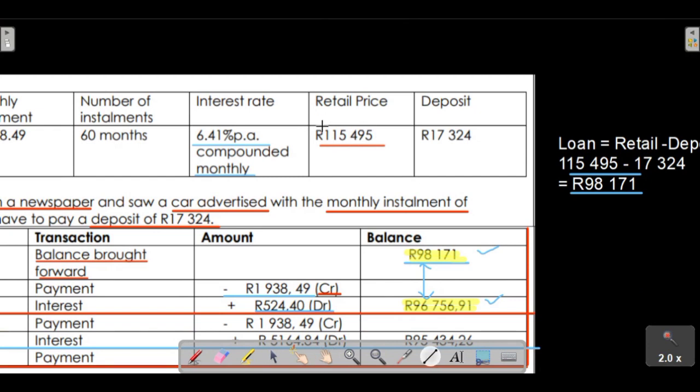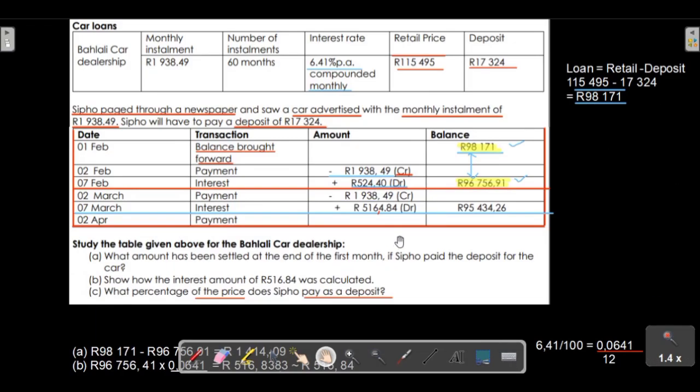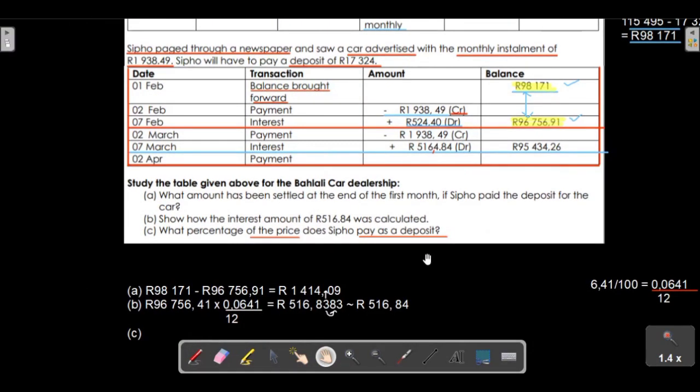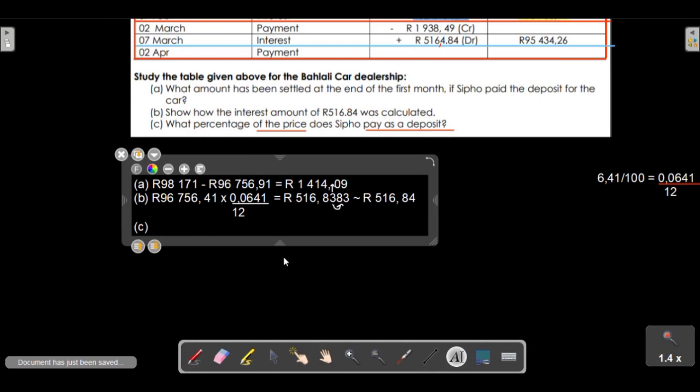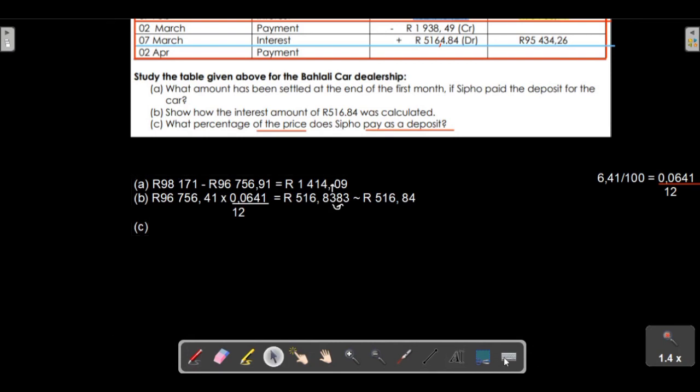Okay, so we know that the retail price is 115,495, but he paid a deposit of 17,324. So we're basically trying to express this amount he paid as a deposit as a percentage. So that shouldn't be difficult. It should be 17,000 divided by 150,000 and then multiplied by 100. That's how you carry out those calculations.